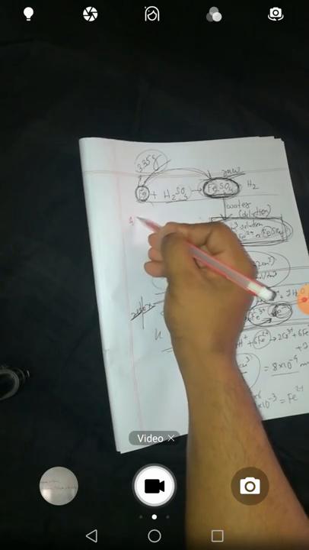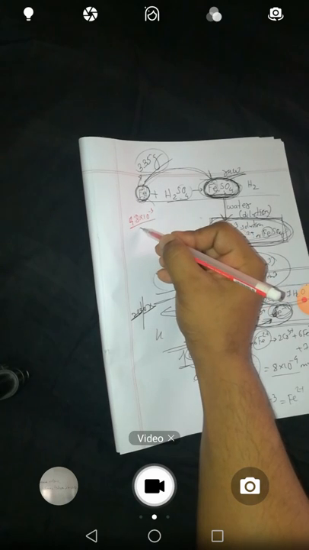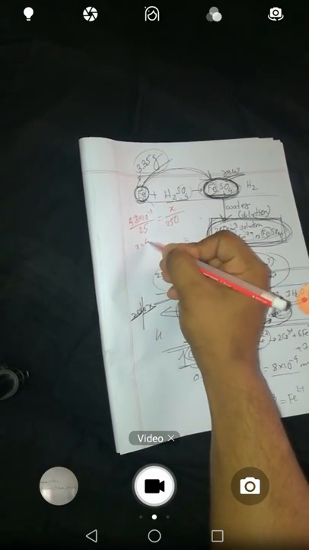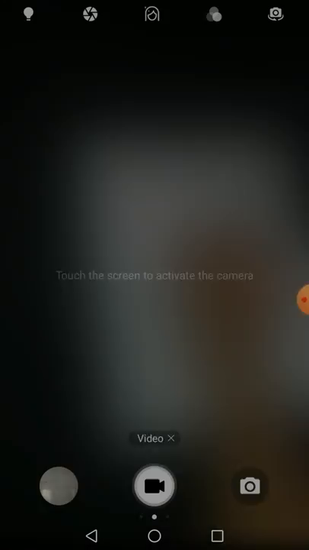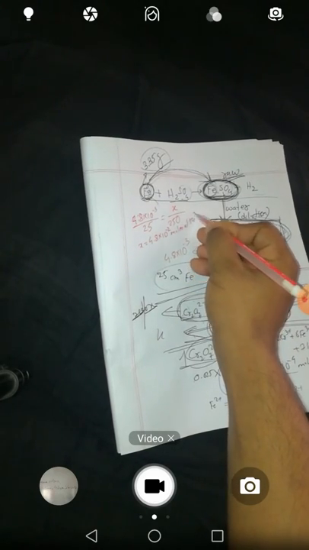So 4.8 × 10^-3 moles of iron(II) is present in 25 cm³. So how many moles are present in 250 cm³? It's very simple, it's just 10 times. So x will be equal to 4.8 × 10^-2 moles of Fe2+.